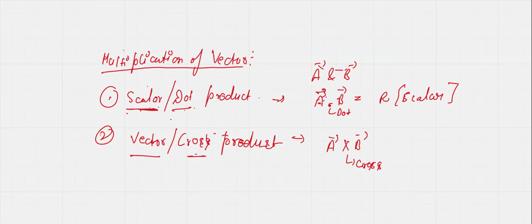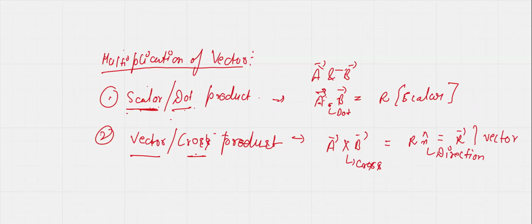And what kind of result? Some resultant along with some direction. We generally call this a unit vector direction, and you can finally write this is a vector quantity.